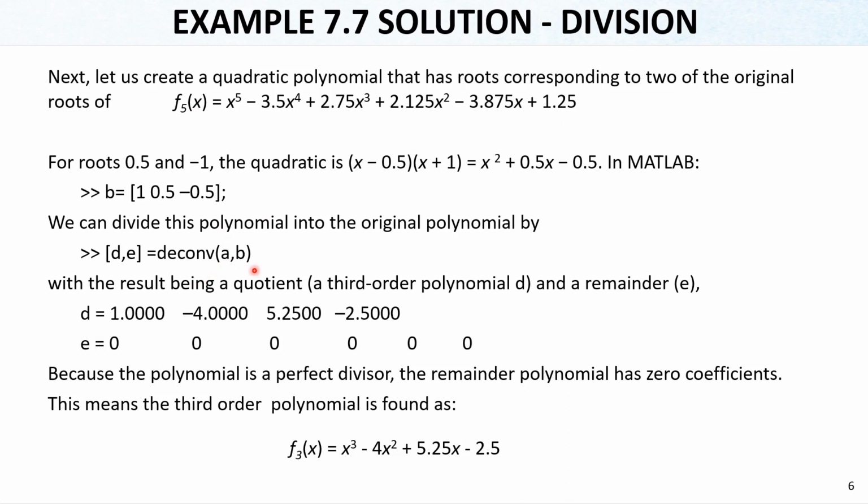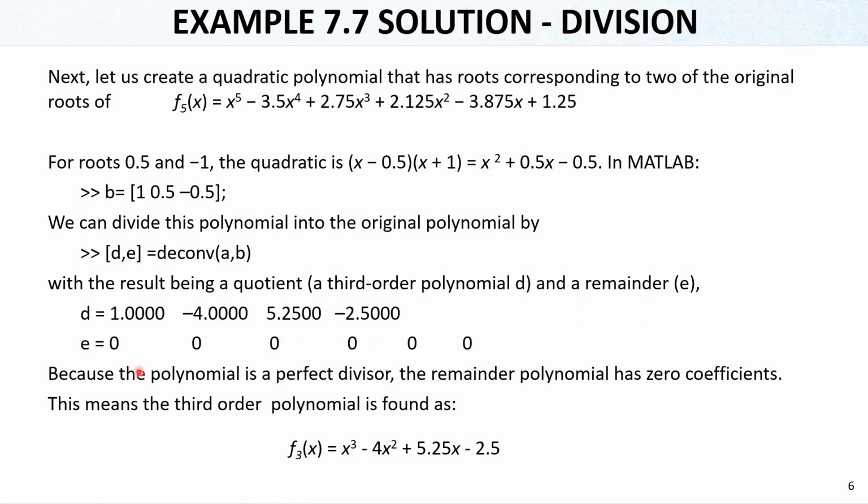When we divide them, it will give us 2 values over here, and these 2 values show a 3rd order polynomial d, because we divided a 5th order by a 2nd order, so it should give a 3rd order polynomial, and a remainder e.